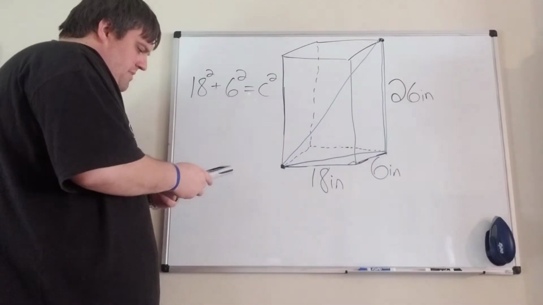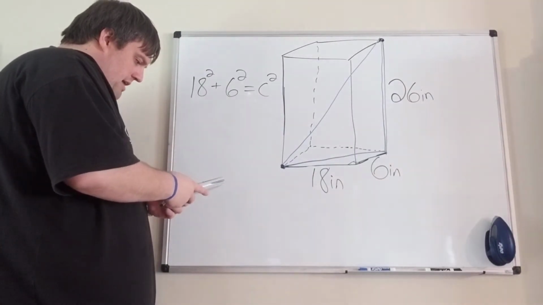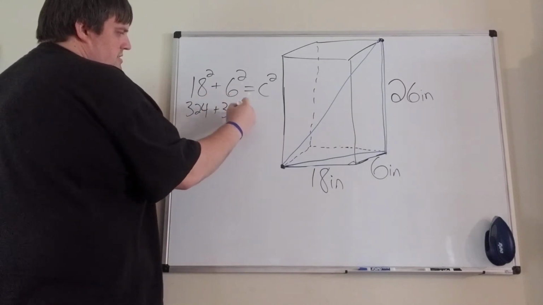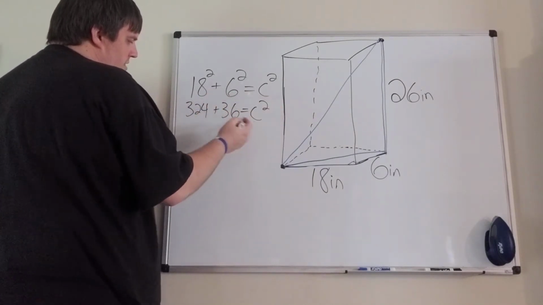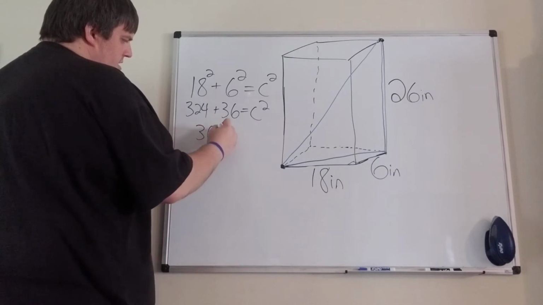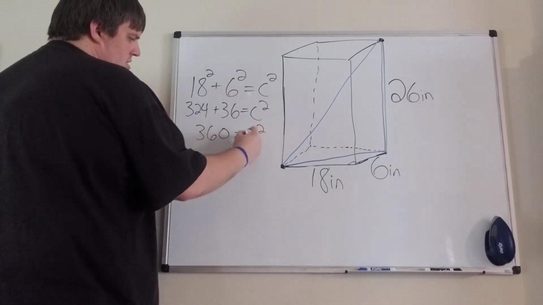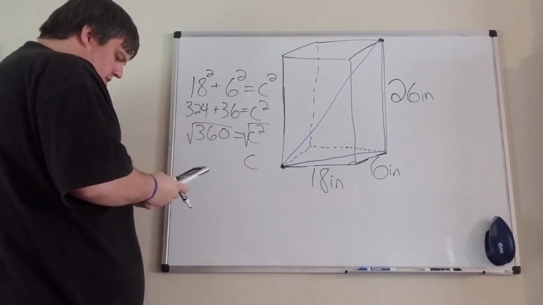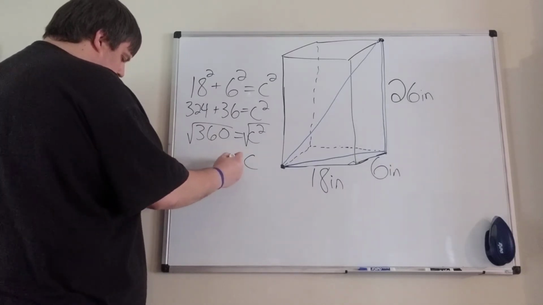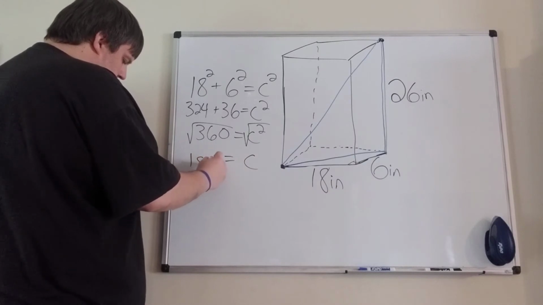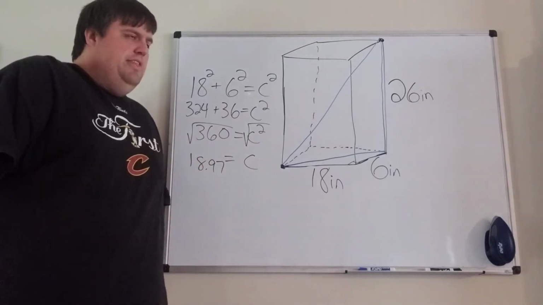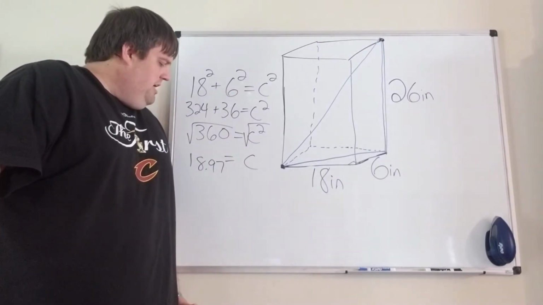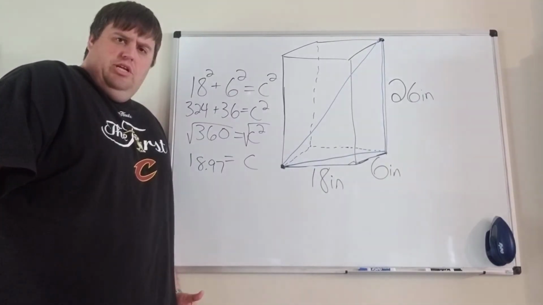So we set it up, square some stuff. This is 324, this is 36, equals c squared. Add those together, 360. Take my square root, and the square root of 360 is 18.97. I'm going to round to the hundredths place, so we'll just go 2 digits.